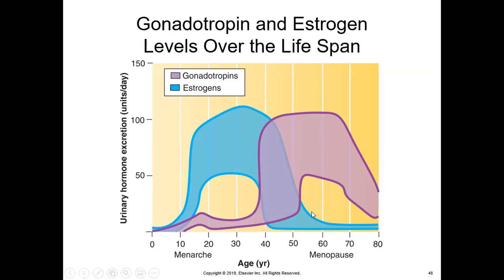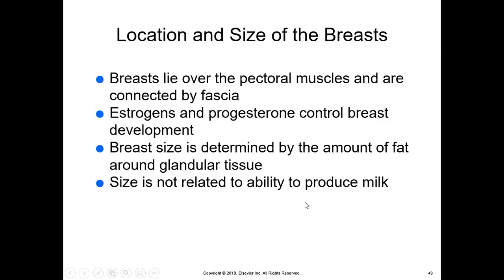The ovaries are running out of steam, and so they can't be stimulated anymore at a certain point. Then their levels are very low, and eventually the gonadotropin levels start going down as well. This, where we have all this fluctuation of hormones, is where you go through the menopause and the changes you see associated with menopause.